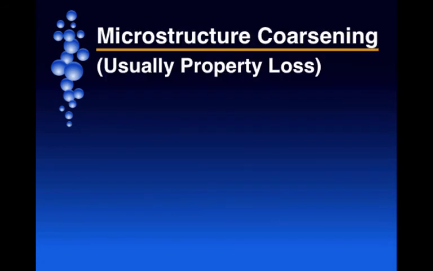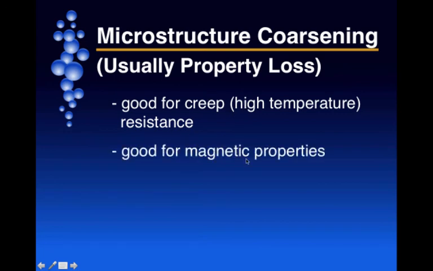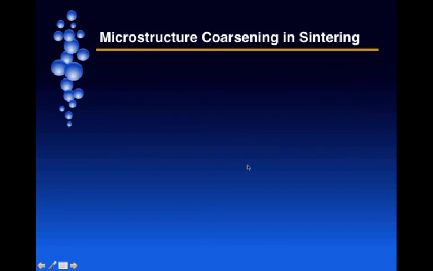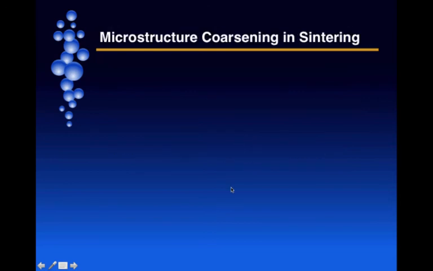So basic information is, you want to control this microstructure coarsening, this grain growth, because you can have property loss. Large grain sizes are good for high temperature creep resistance. It's great for magnetic properties, but it's typically bad for most of the structural properties. Right?